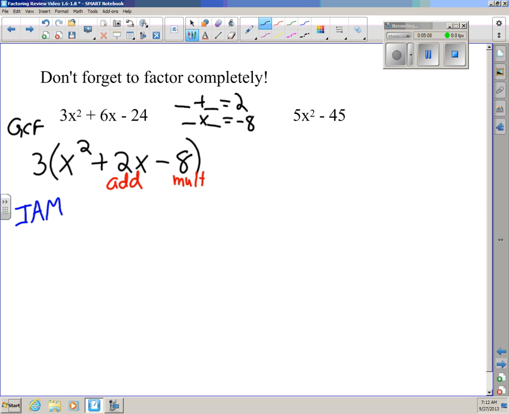So I pick 4 plus negative 2, and 4 times negative 2. So I still have my 3 for my GCF on the outside of the parentheses. It's 3 times x plus 4, x minus 2.